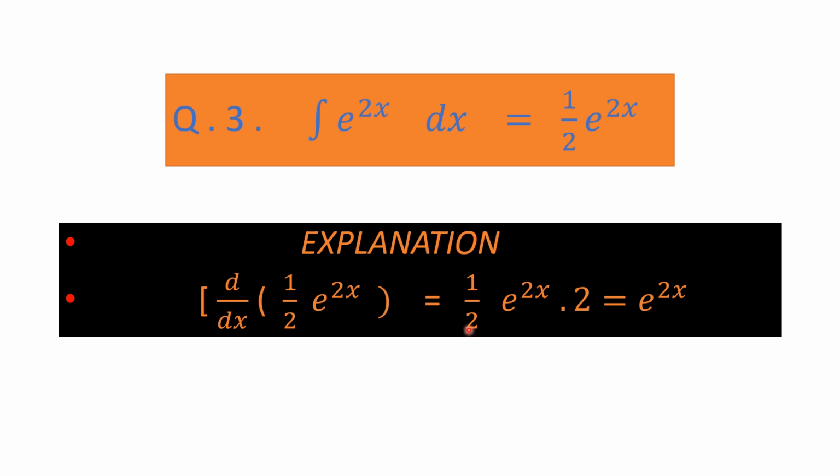This 2 and this 2 get cancelled and the answer is e power 2x. So what we calculated here is that the integration of e power 2x is 1 upon 2 e power 2x, and the derivative of 1 upon 2 e power 2x is e power 2x. So this is just identical to this. So I have made you solve the integration part as well as solve it from the derivative angle as well.